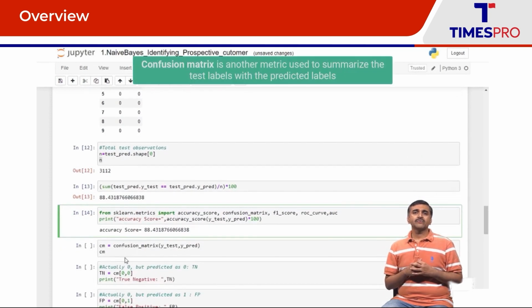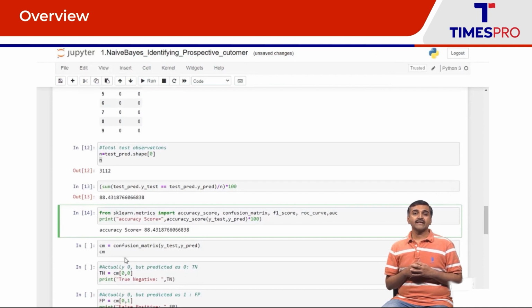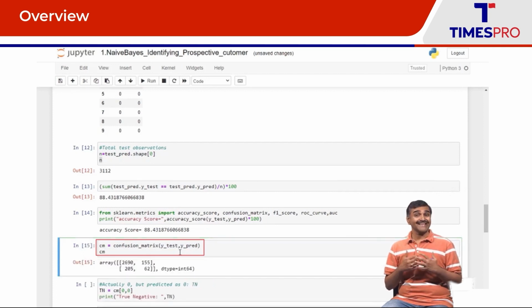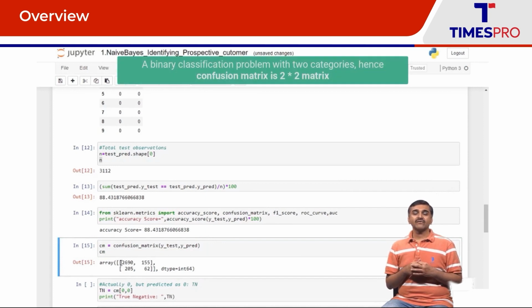Another metric to summarize the test labels against the predicted labels is the confusion matrix. Let's now take a look at it. Again, here we pass the y_test and y_pred arrays to the method, and I save the confusion matrix in an object called CM. This is a binary classification problem where there are two categories in the target, and hence my confusion matrix is going to be a 2 by 2 matrix.